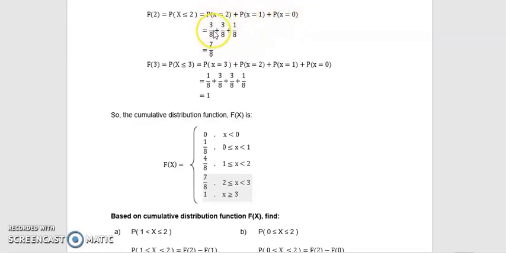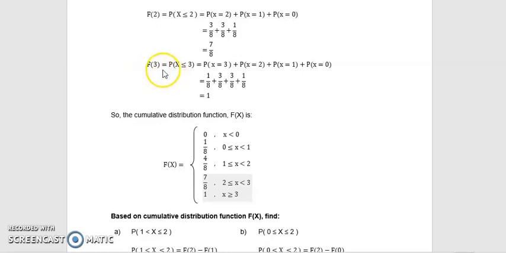At x equal to 2, the probability is 3 over 8, x equal to 1 just now 3 over 8, x equal to 0, 1 over 8. If you total up, the cumulative is 7 over 8. So up to x equal to 2, the cumulative probability is 7 over 8. Okay, last one, at x equal to 3, cumulative at x equal to 3.